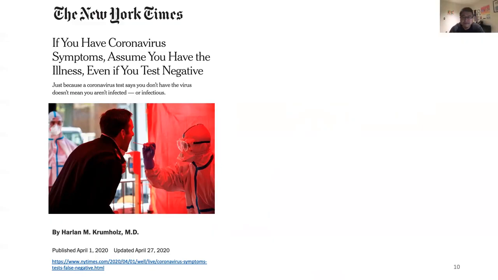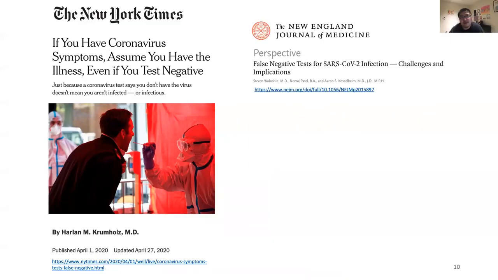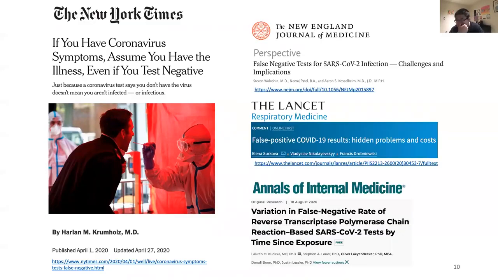And along with this article, there are also quite a few papers published in prestigious clinical journals expressing concerns about the potential false negatives of the RT-PCR test.